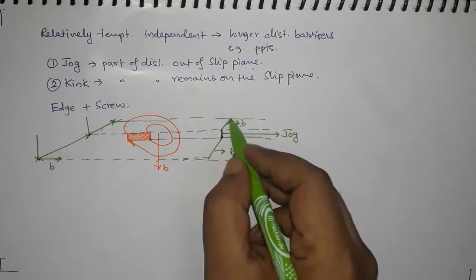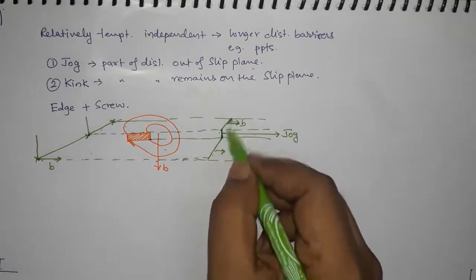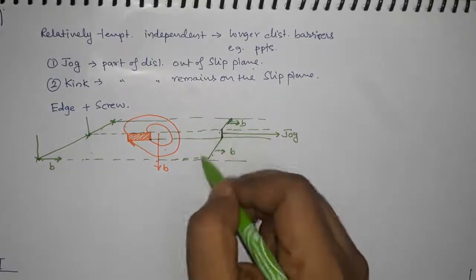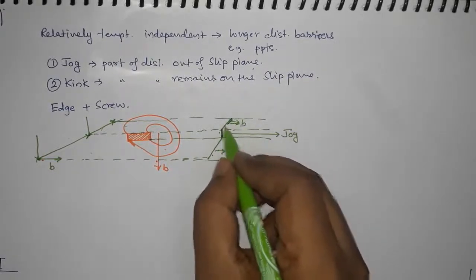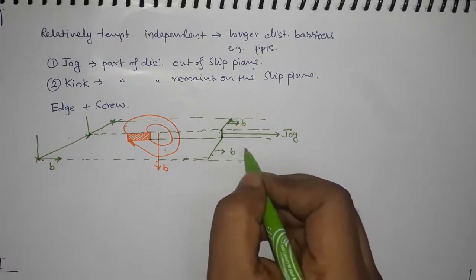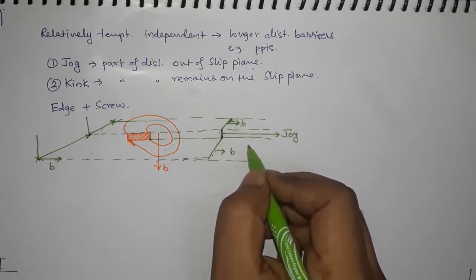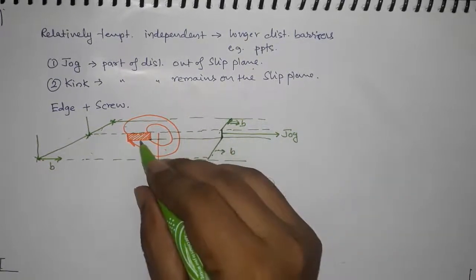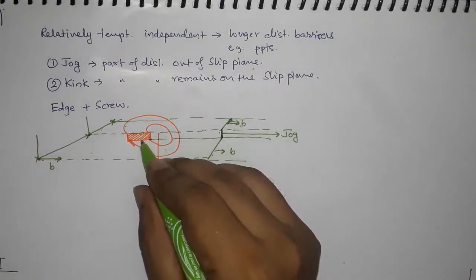If any of these two parts are blocked, then the whole thing cannot move, but it can move as long as both parts are moving. So this is a jog. Now something will happen to the screw dislocation also.